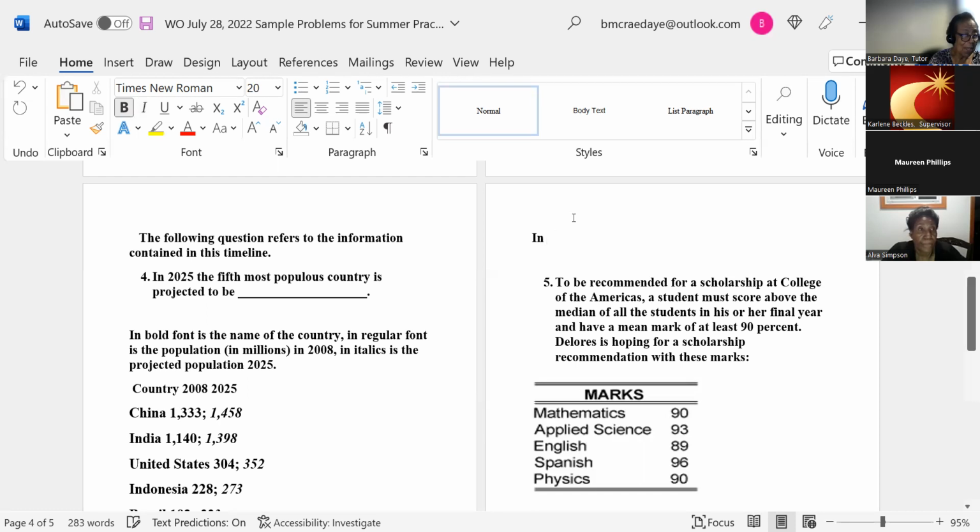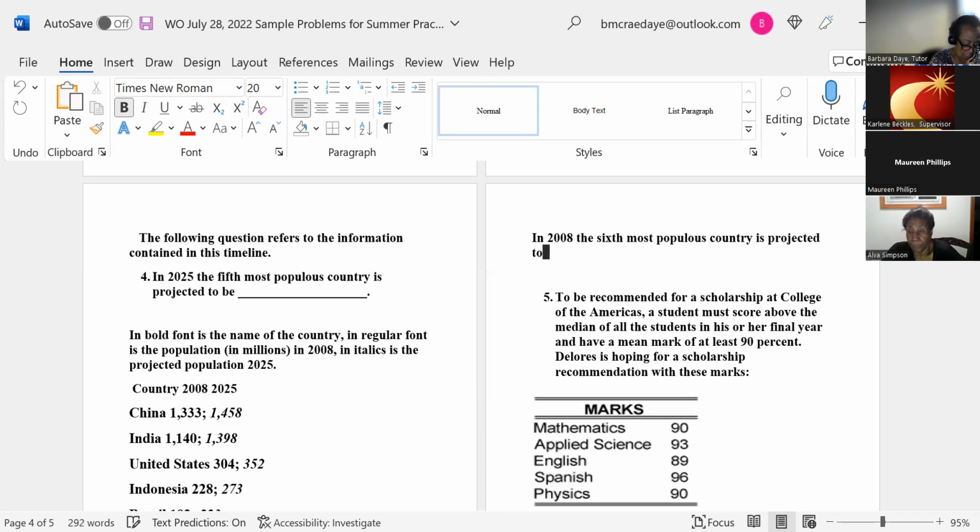In 2008, the 6th most populous country, and that refers to population, is projected to be.